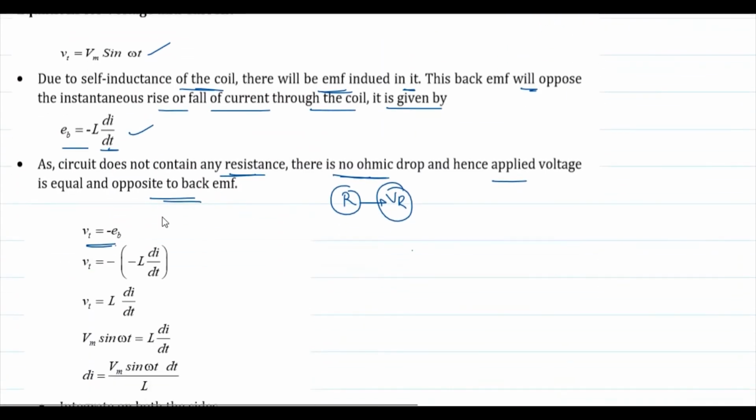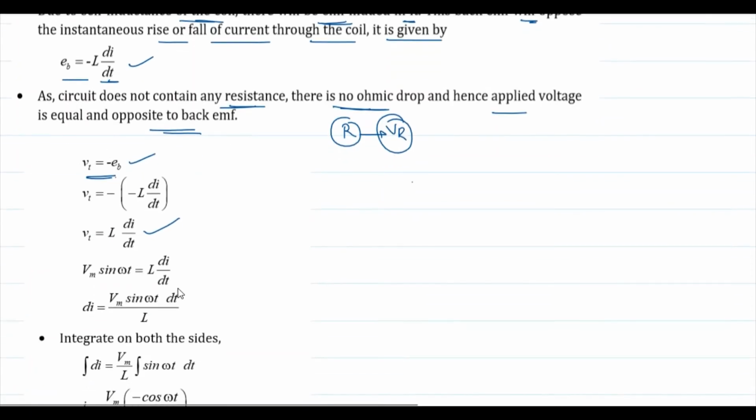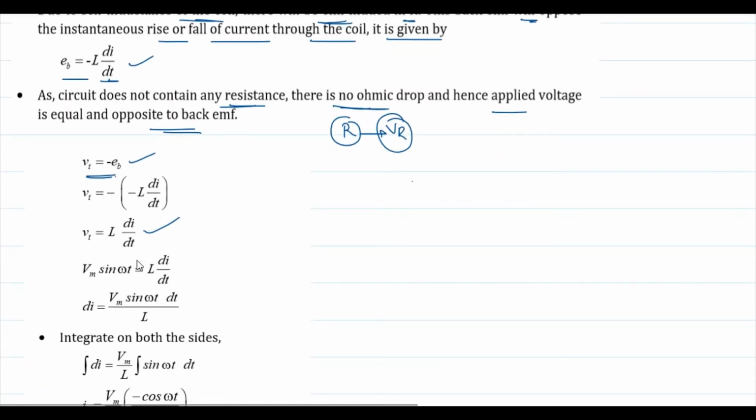Here we have already defined it as negative because it is opposite to the back EMF, right? That's why we have written it as negative. The two minuses cancel, and we get Vt is equal to L into di by dt. As we know, the instantaneous voltage is given by Vt is equal to Vm sin of omega t, right? Then that is equal to L di by dt.